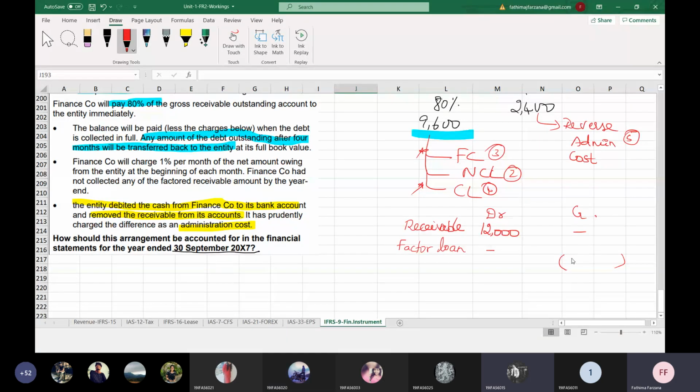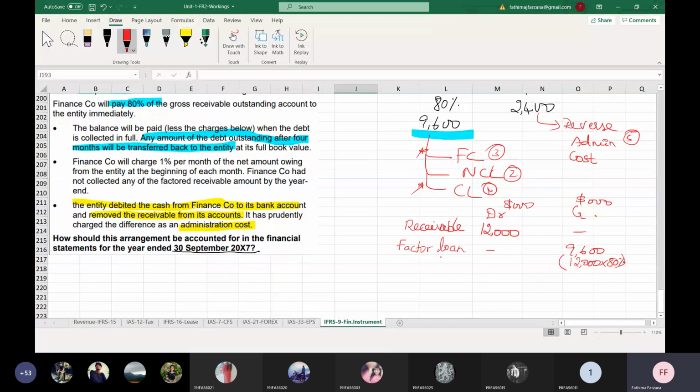The 12,000 is your receivable, and in that 80%, the factor paid you. It is like a loan, like how we take a loan from any financial institution or bank. Same way. So 12,000 into 80% is 9,600. This is in dollars, thousands.